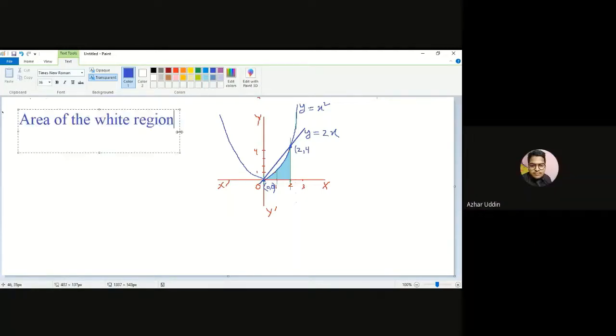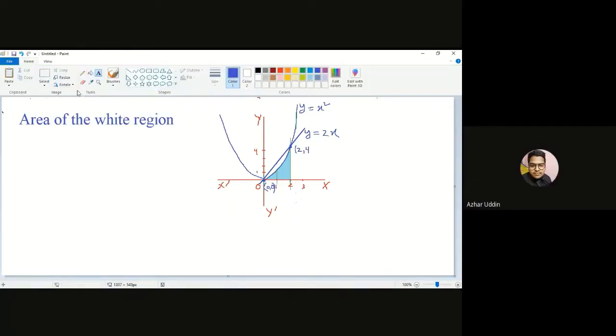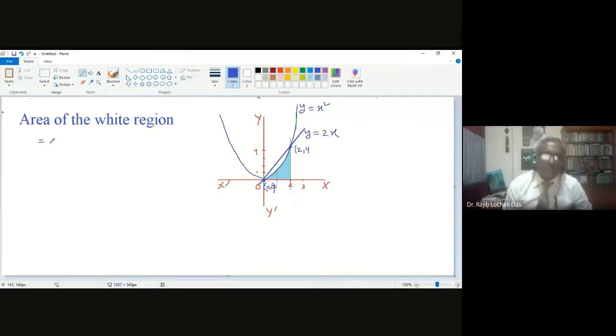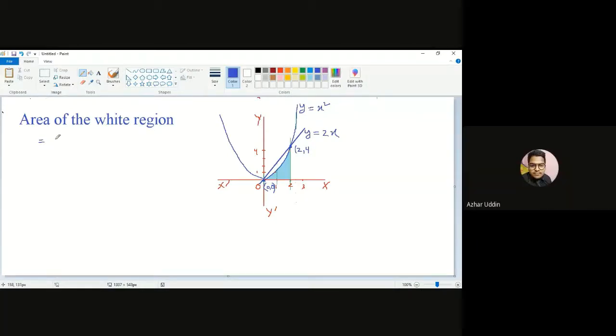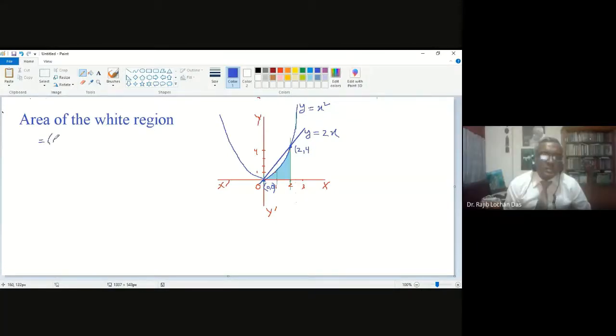What to do? Sir, we have to find the full white plus the blue one, then find the blue one, then subtract. Yes, subtract. That is the correct answer.